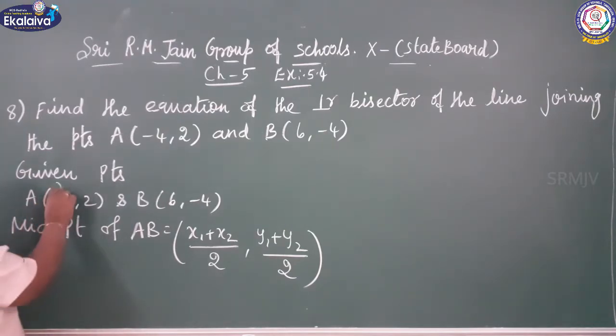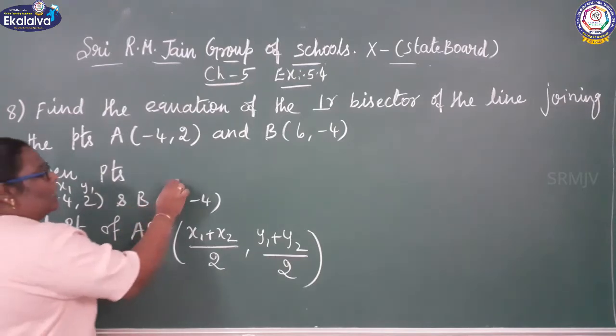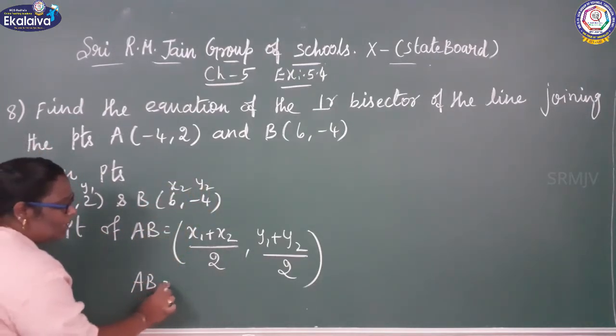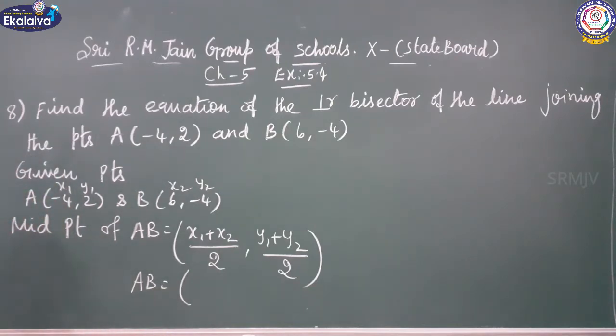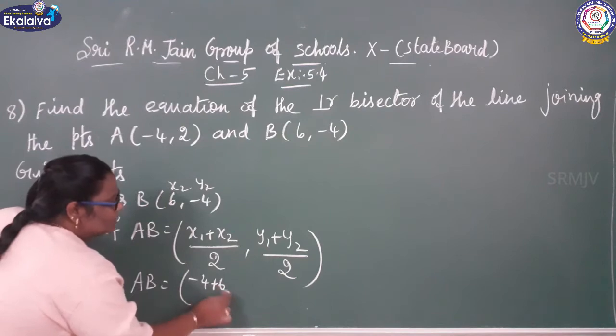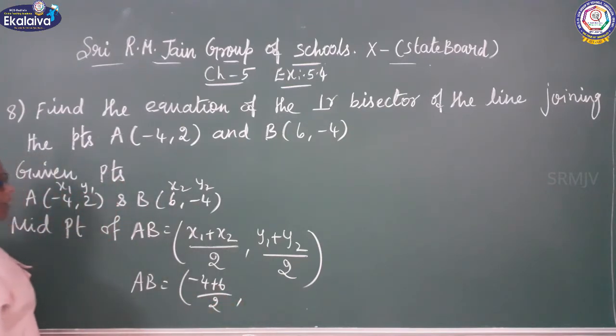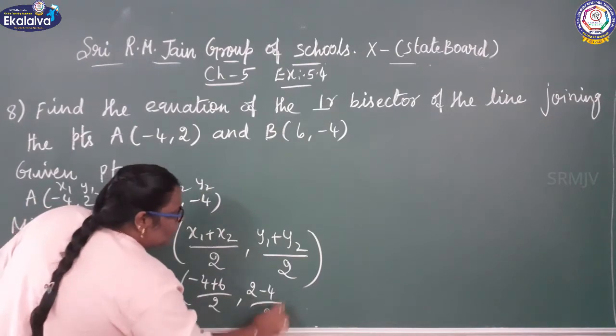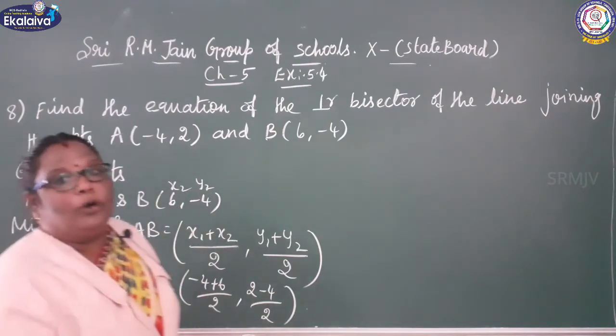This is x1 y1 x2 y2. So the midpoint of AB equals minus 4 plus 6 by 2 comma 2 minus 4 by 2.